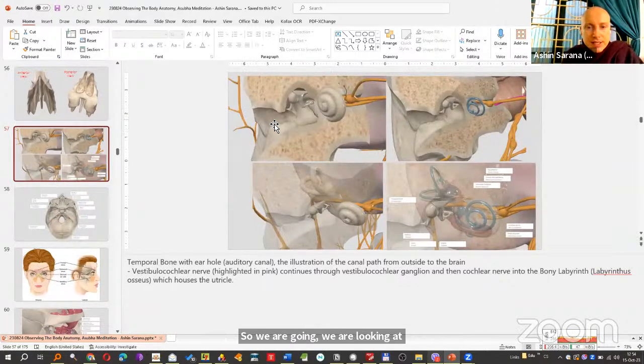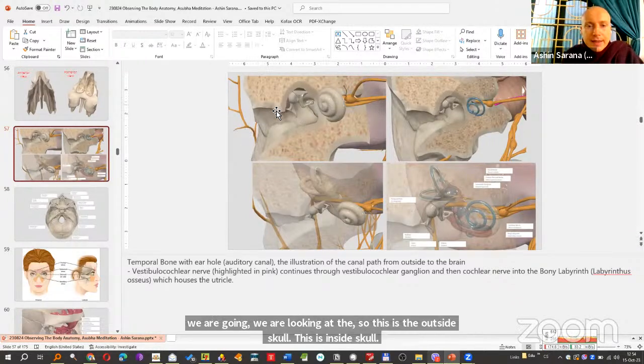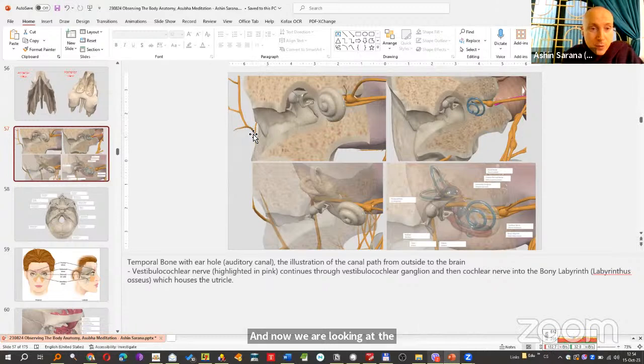So this is the outside of the skull, this is the inside, and now we are looking at the path through which sound goes into the brain. It goes from outside, gradually inside. But the sound doesn't really come in because it's blocked. There is no real path.